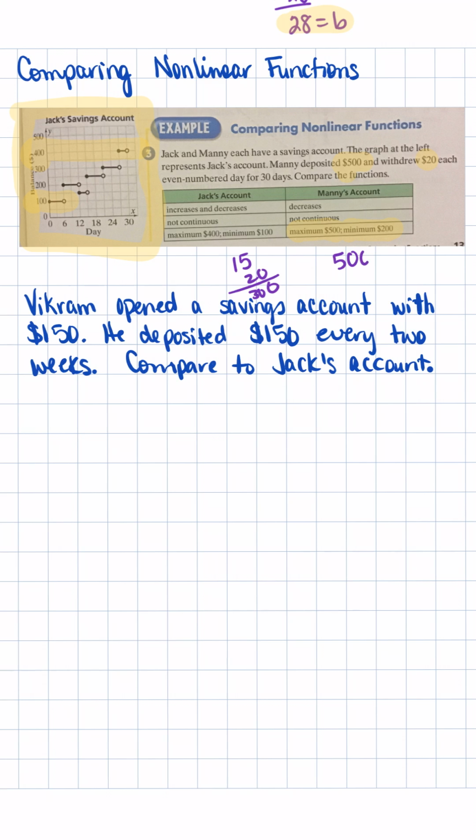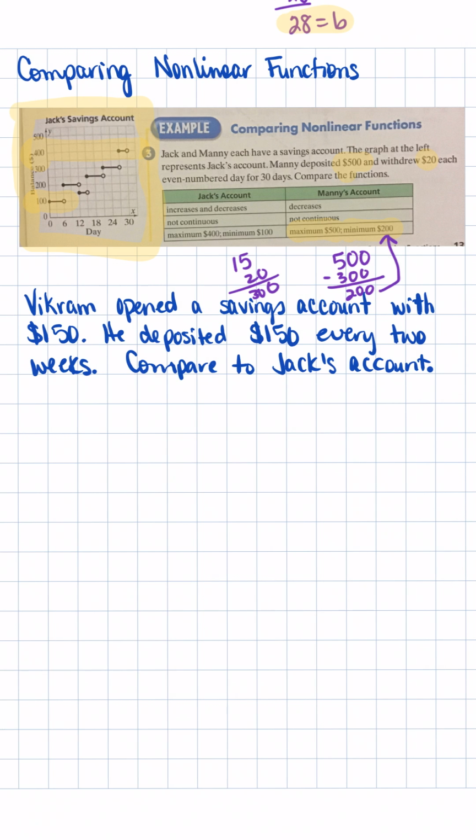So 500 subtract 300, because that's how much he drew in the month, would equal 200. So that's how they got the $200 minimum.